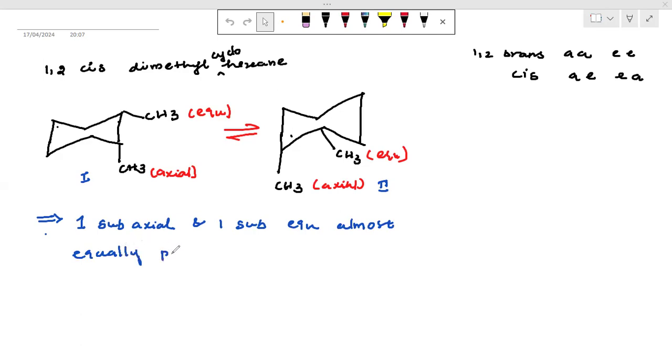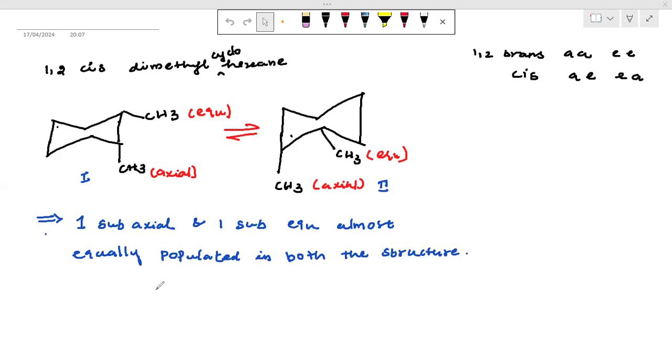Almost equally populated. We can't tell which one is stable, which one is not. Equally populated in both the structures.